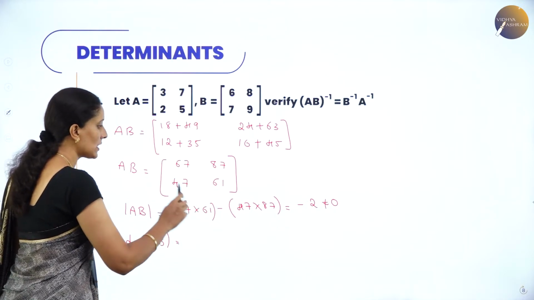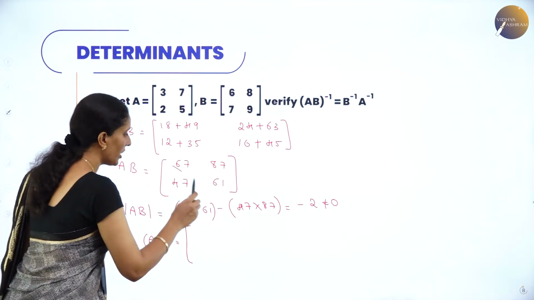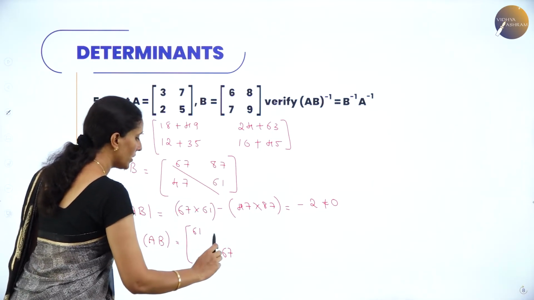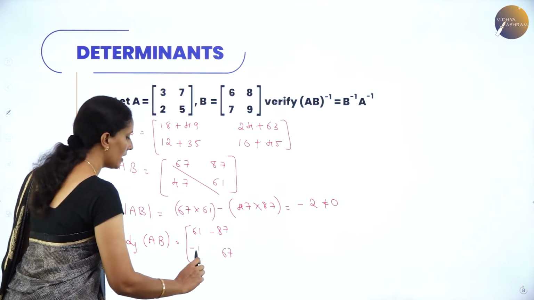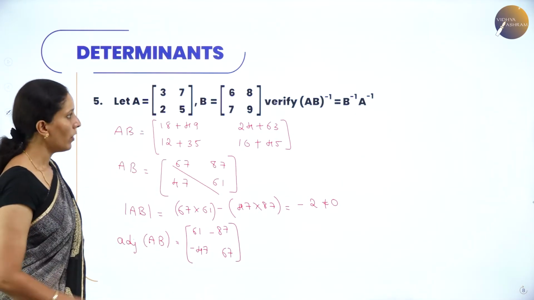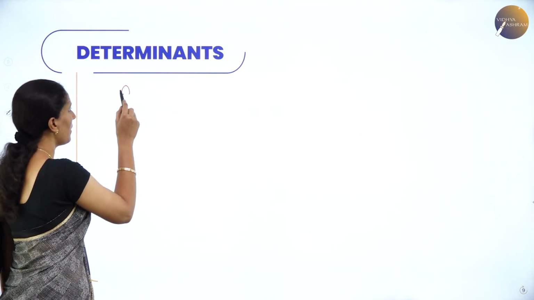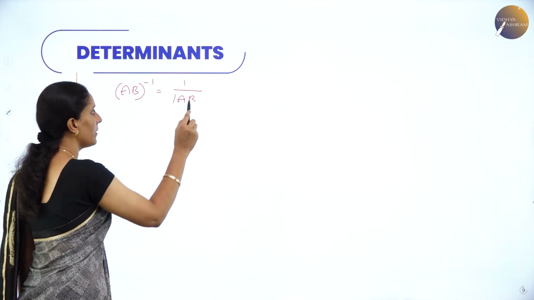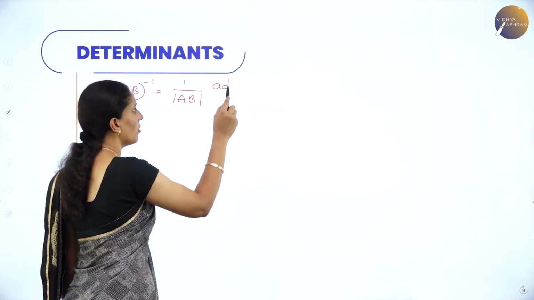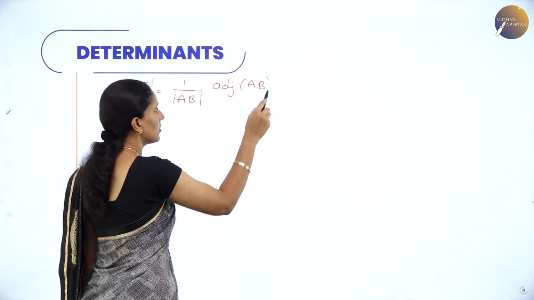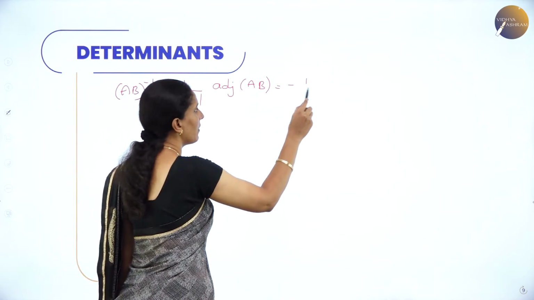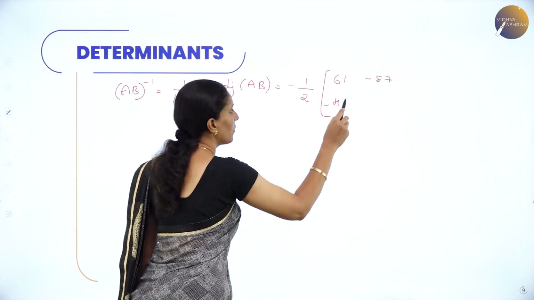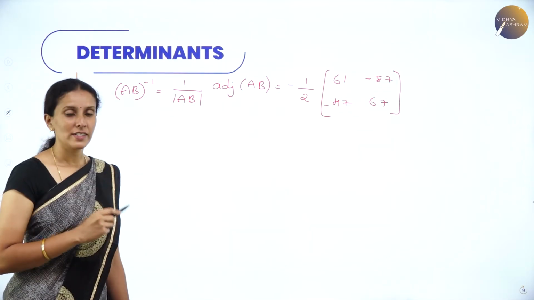So adjoint of AB, since this is a 2 cross 2 matrix, interchange principal diagonal elements 61, 67, change the sign of these two, minus 87, minus 47. So now let's see AB whole inverse. So AB whole inverse is equal to 1 over determinant AB into adjoint of AB. So here we have minus 1 by 2, [61 minus 87; minus 47 67]. So this is AB whole inverse.